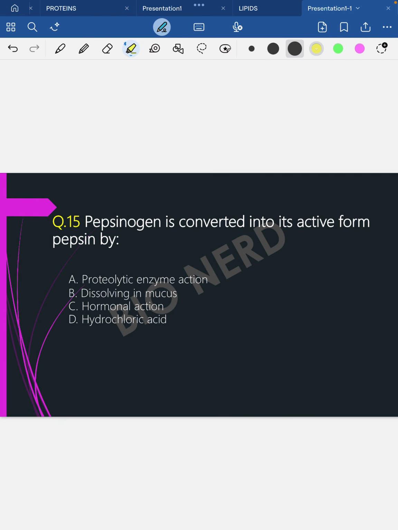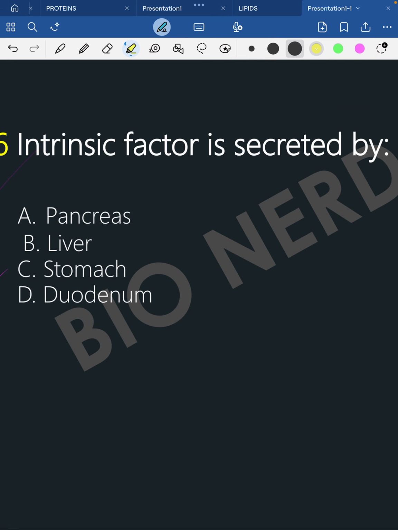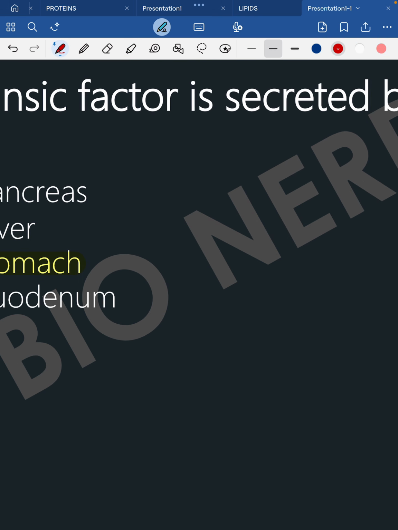Pepsinogen is converted into its active form. I think very easy. You know very well, pepsinogen is converted into pepsin by the action of HCl. So here the answer will be hydrochloric acid. Question number 16. Intrinsic factor is secreted by. You know very well, inside the stomach, parietal cells or oxyntic cells are present.